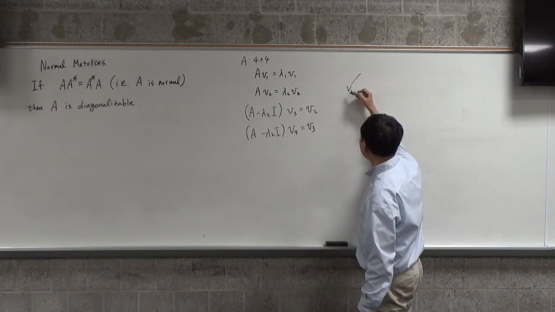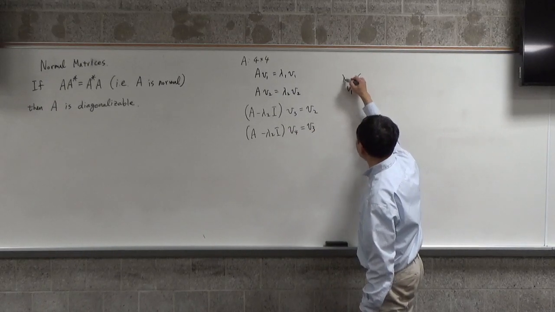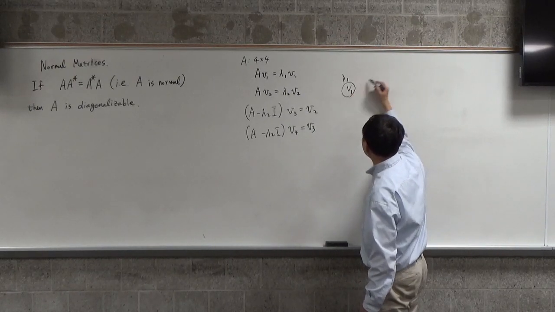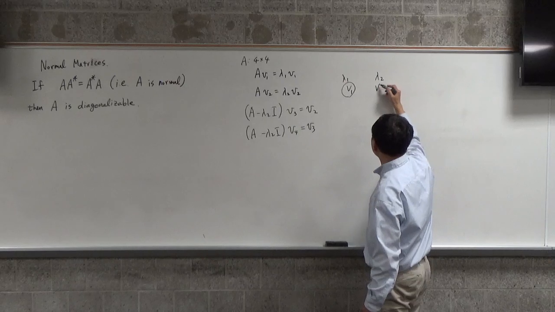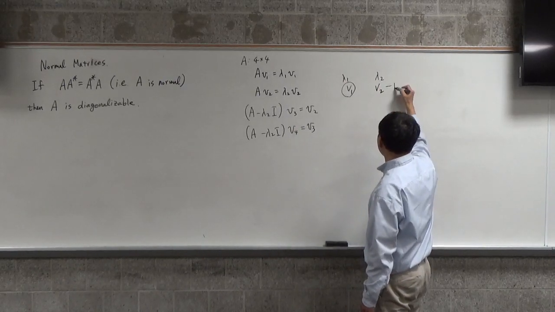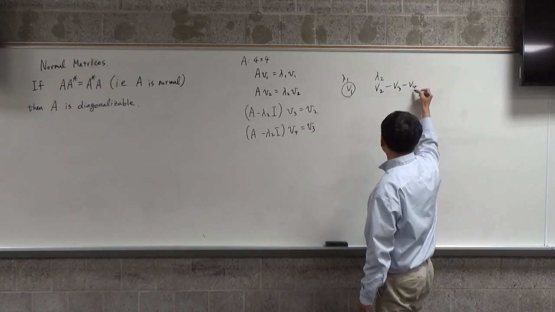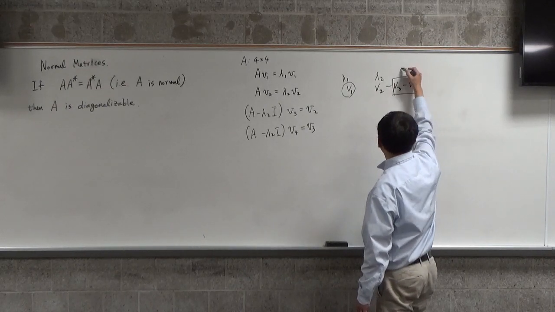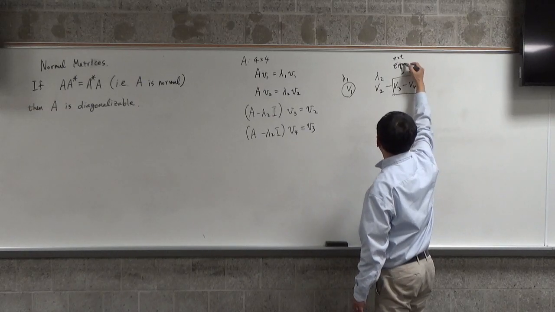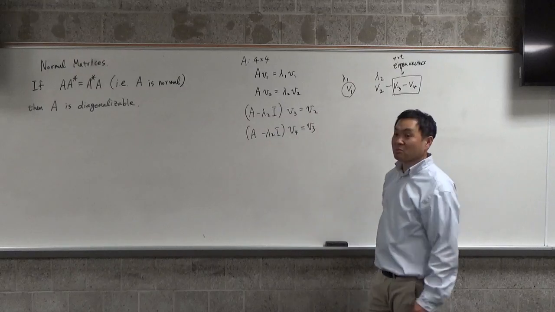So v1 is the one with lambda 1. For lambda 1, you have just v1. But for lambda 2, you have a chain of generalized eigenvectors: v2, and then there's a chain. These are not eigenvectors, but instead they satisfy something like this.